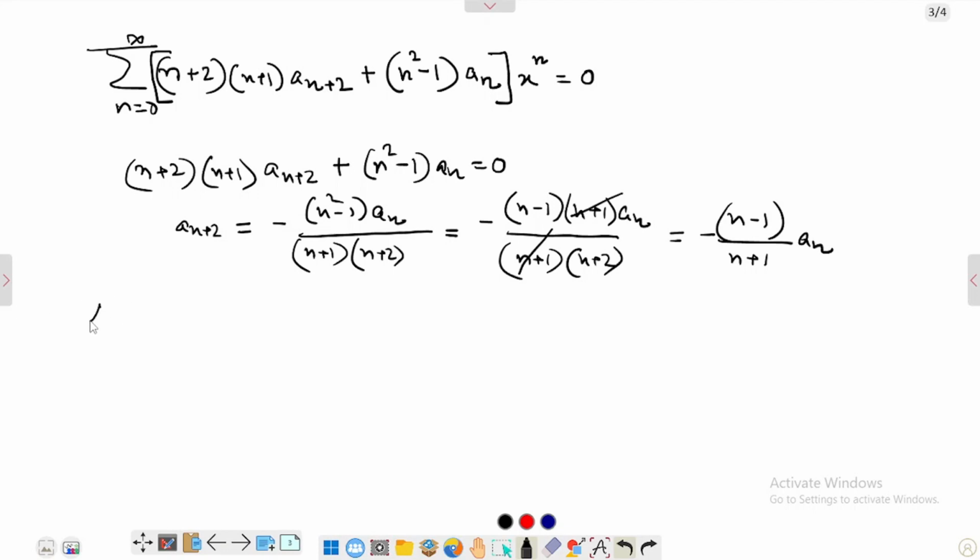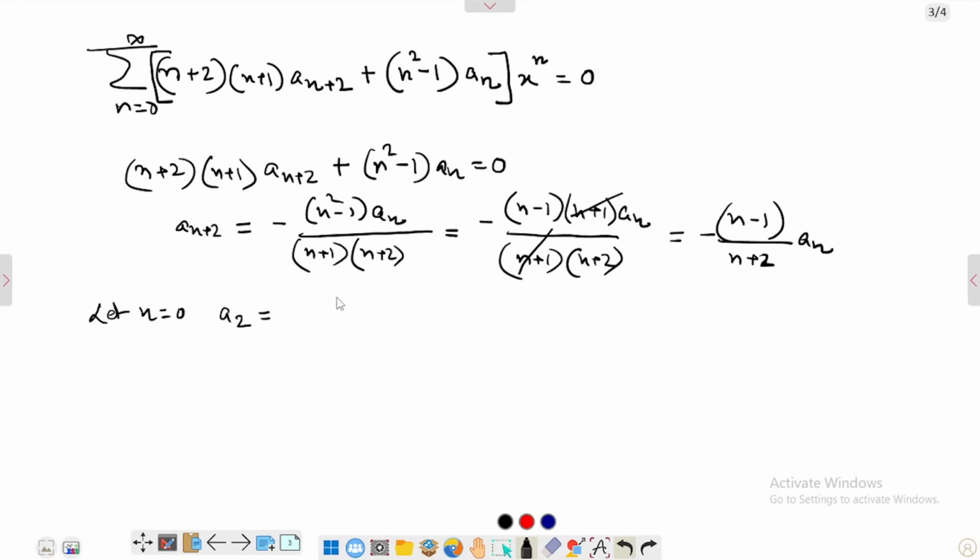So say let n equal to 0. If I plug n equal to 0, what do I get? a2 equal to... see, if I plug in n equal to 0, I get a2 here. And sorry, this is not 1, this is 2.